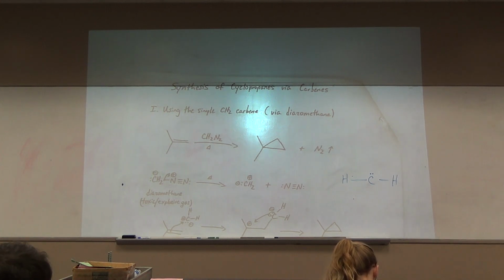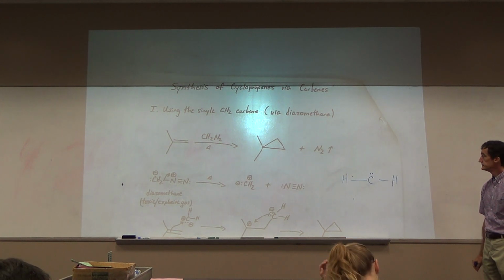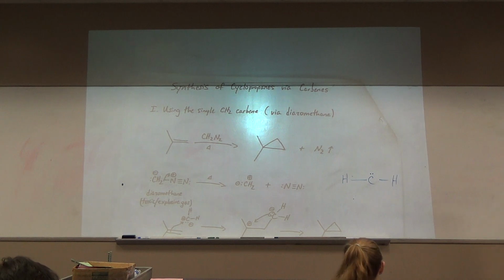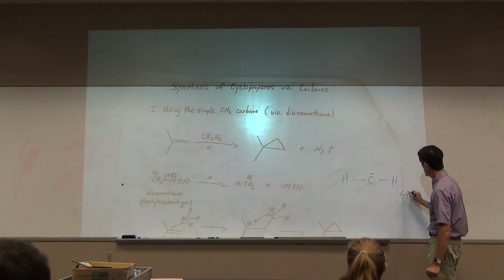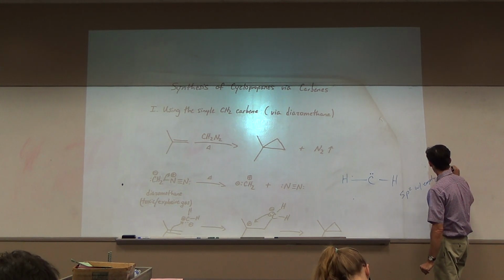What's the hybridization of this carbon? Can you graph the hybridization? It's sp2 with an empty p orbital.